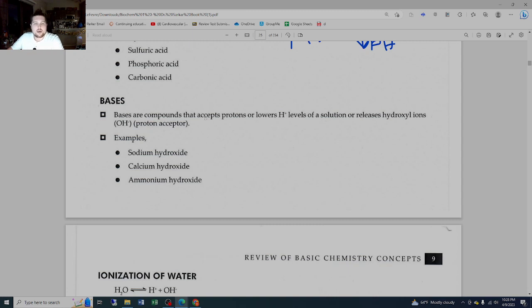Bases are our proton acceptors, or anything that lowers the hydrogen levels of a solution or releases hydroxyl ions, OH minus. Because when you release an OH minus, if there are hydrogens around, remember our negatives and our positives are going to attract to each other, and then we'll end up with H2O, which neutralizes our hydrogen.